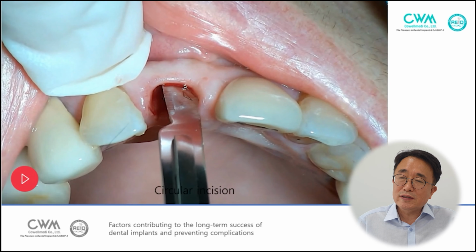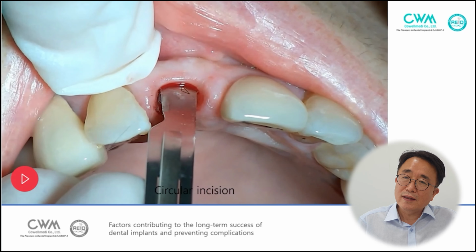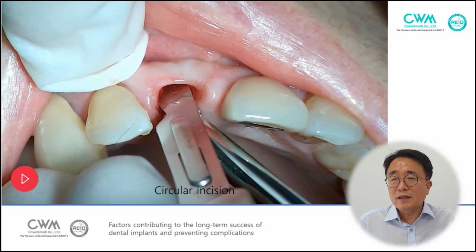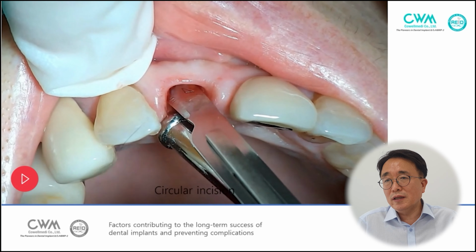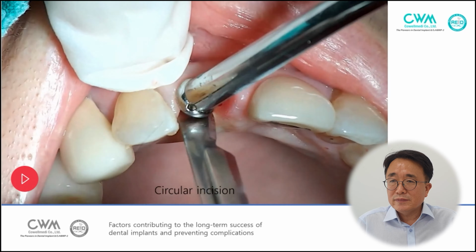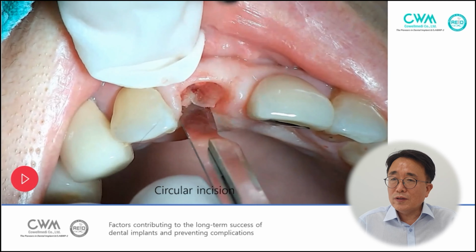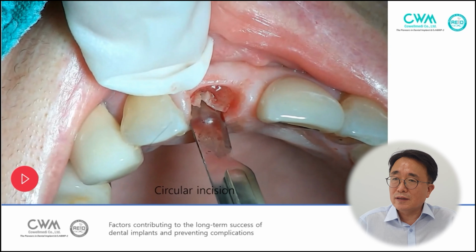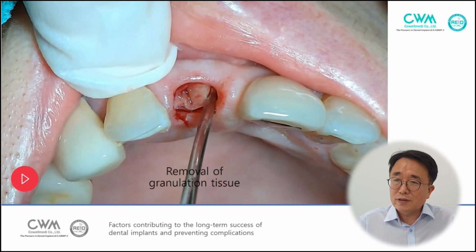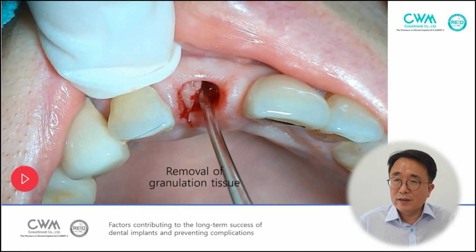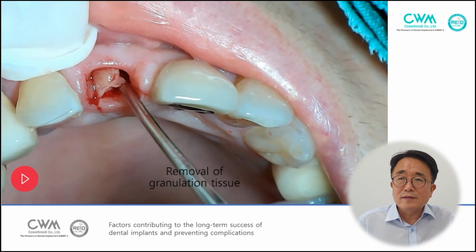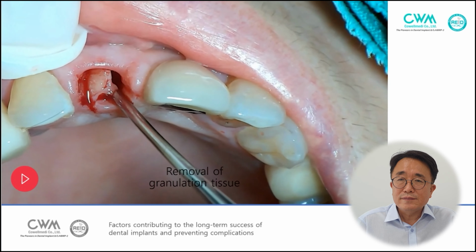So a circular incision in the socket is done to cut the connection between the gingiva and granulation tissue. Once the connection is cut, the granulation tissue is removed with a spoon or periosteal elevator.